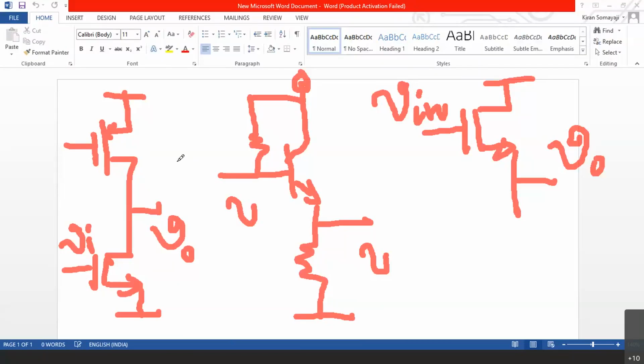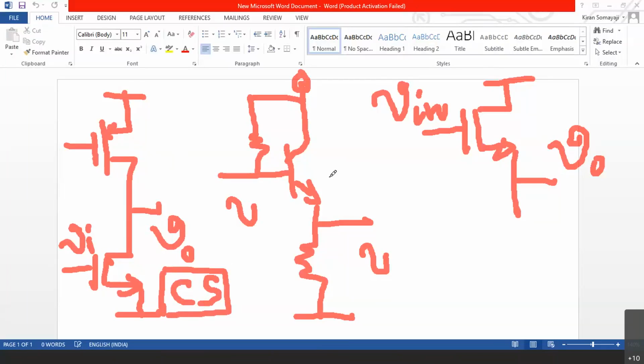Okay, let me explain this once again for the students who could not see the screen earlier. At the leftmost part of the screen, I have written the common source amplifier, where we had used one N MOSFET as the amplifier transistor and P MOSFET as the resistor.